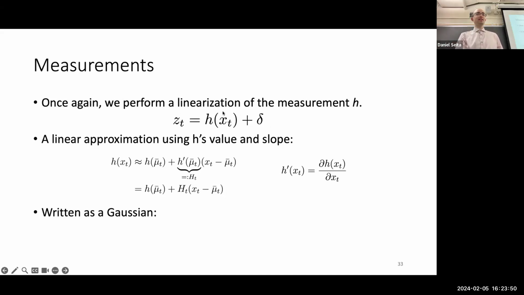So imagine this is like some GPS sensor that is supposed to tell you, this is our observation of the underlying state that we don't know exactly, but we use our sensor to estimate. And then we have a linear approximation again.